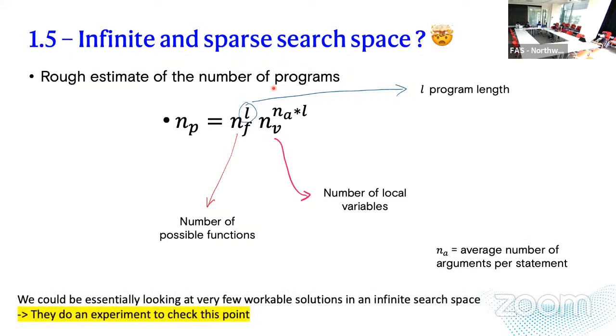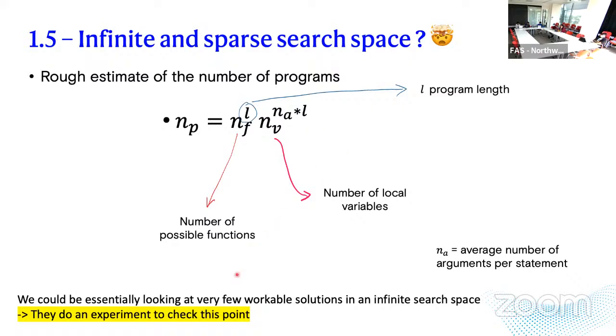So definitely most of the programs that we can construct from these functions will not make sense. So doing a random search on this space wouldn't actually give us meaningful solutions for this train function, because it's infinitely large how we can manipulate these variables to return something.